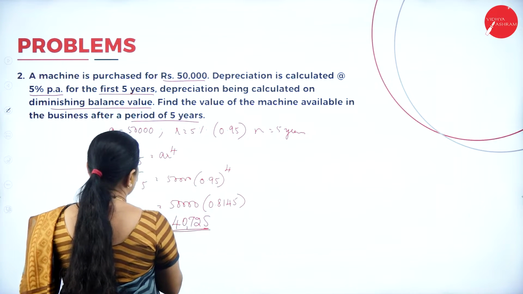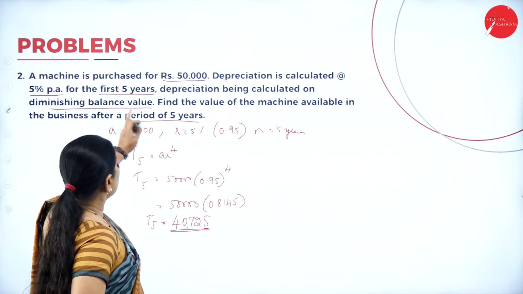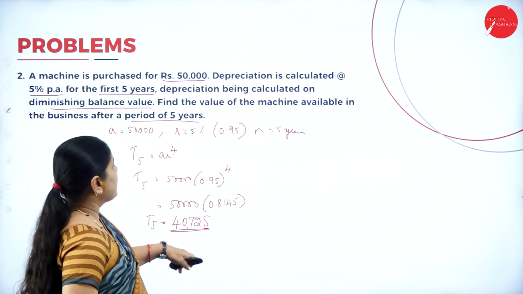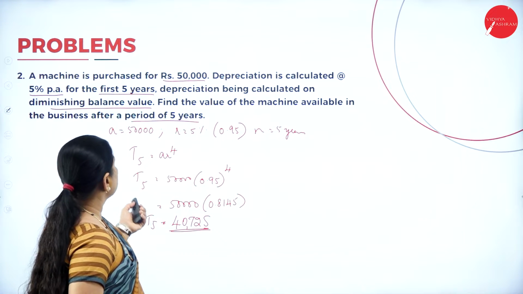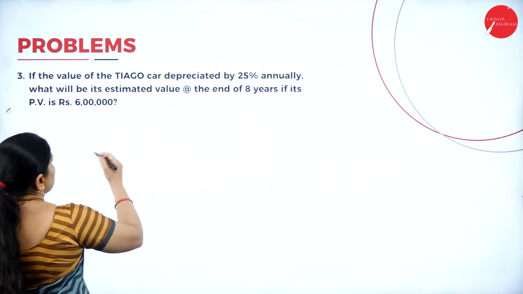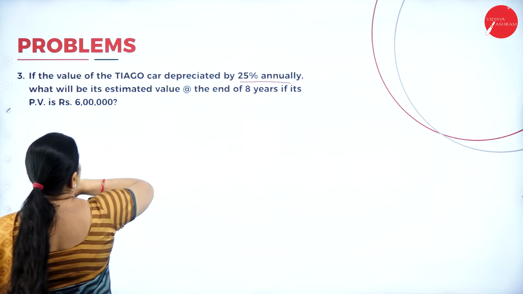So, this is the answer. At the end of the 5th year, the value of the machinery has been reduced to 40,725 rupees.